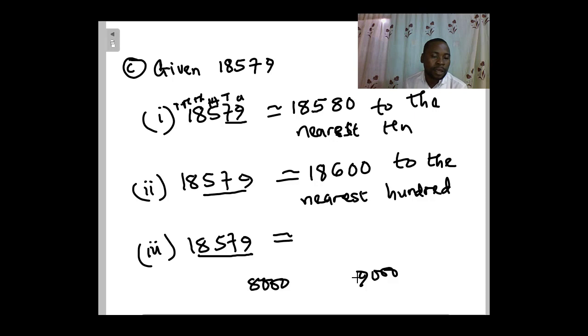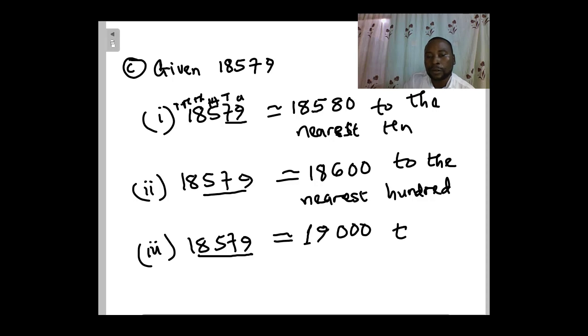Are we closer to 8,000 than 9,000? We are definitely closer to 9,000. Yes, I know you know that. So I'm going to replace the whole of that with 9,000 to the nearest 1,000.